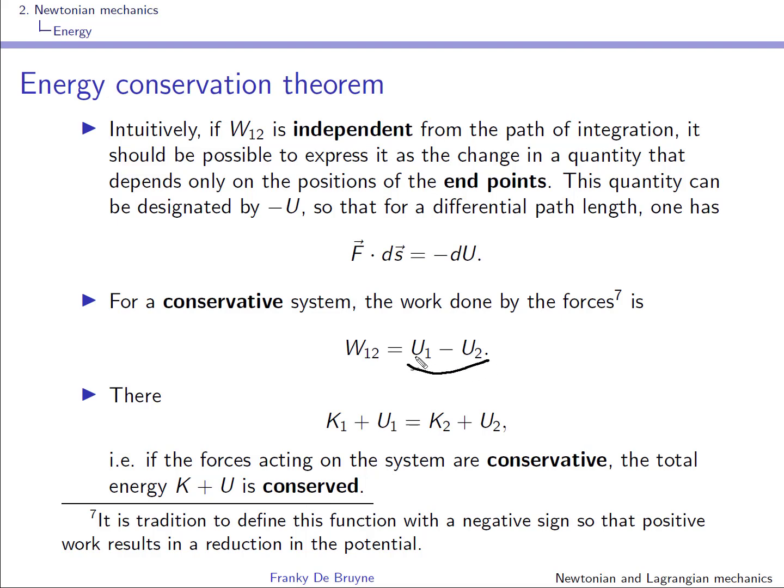So it's the potential u1 minus the potential u2. We've seen previously that you could also write the work as K2 minus K1, right? So if you now take this equation and you rewrite it differently, this is what we obtain.